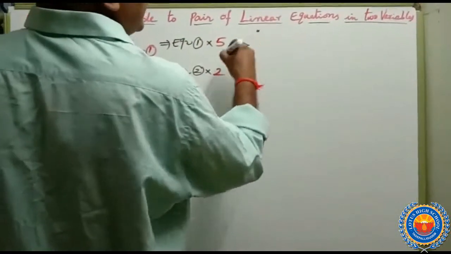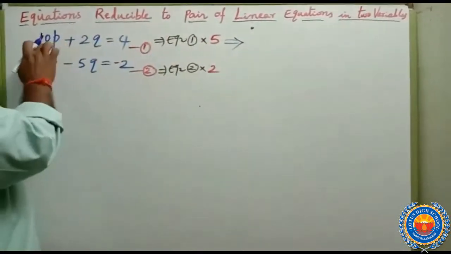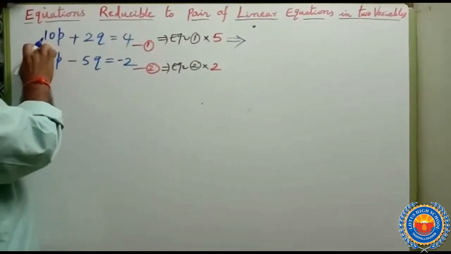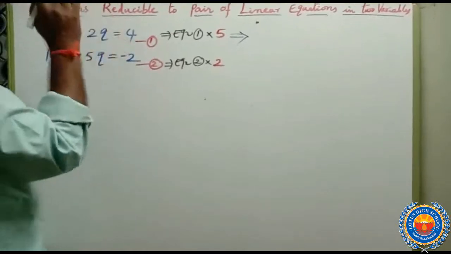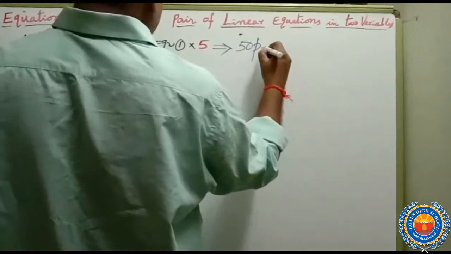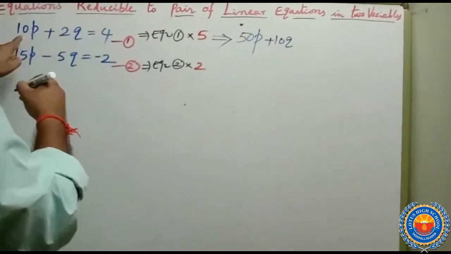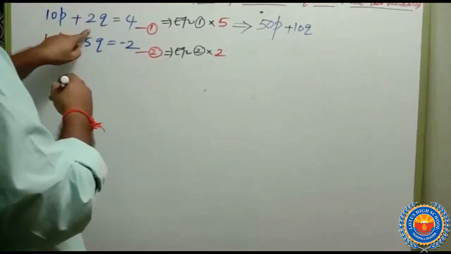That implies this full equation into 5. That's why 50p plus 10q is equal to 20, 10 into 5, 50 into 5.